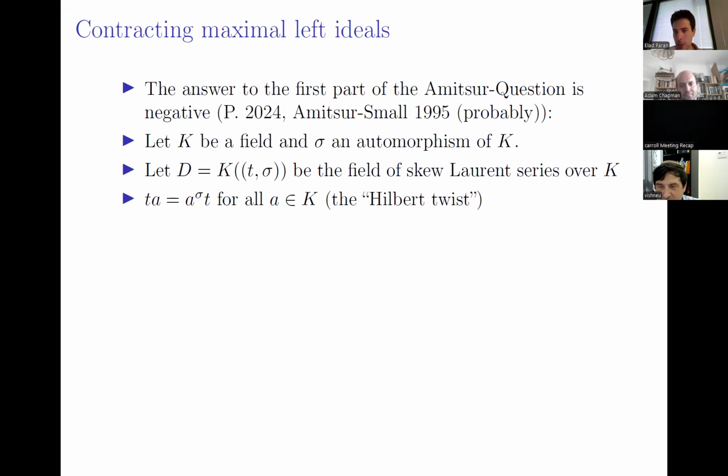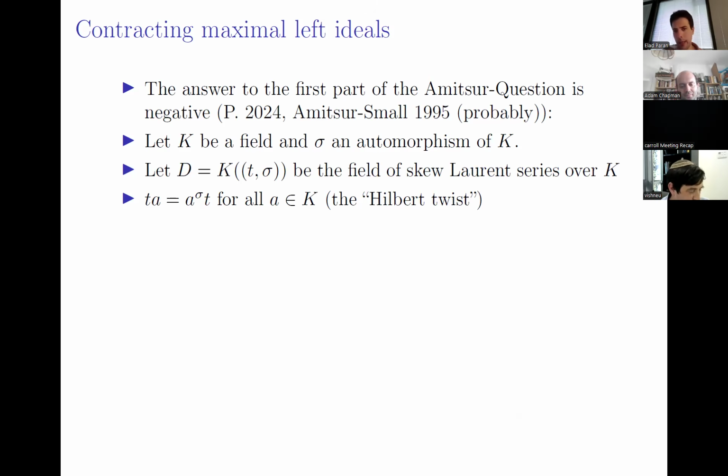Additively, it's just the usual field of Laurent power series. But the multiplication rule is determined by the fact that if you multiply the variable t by a constant a from the right, you get sigma of a times t for any a in K. This rule is known as the Hilbert twist.